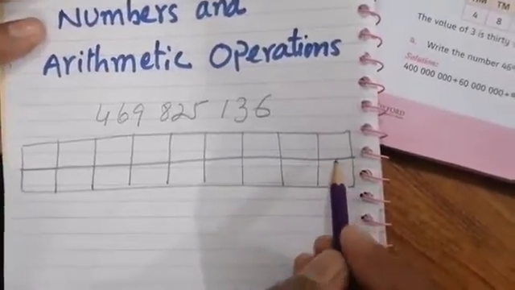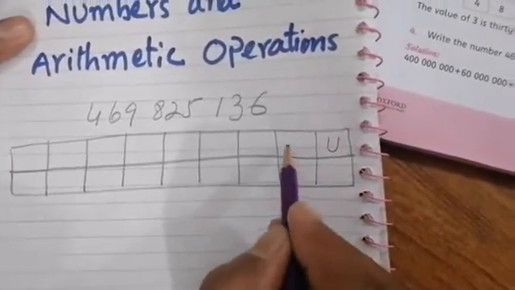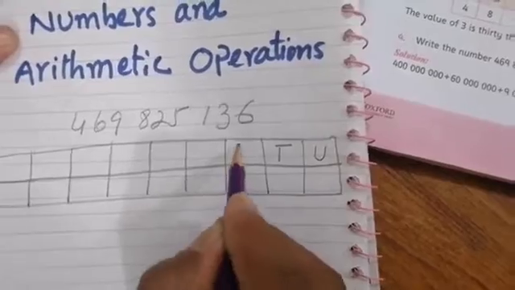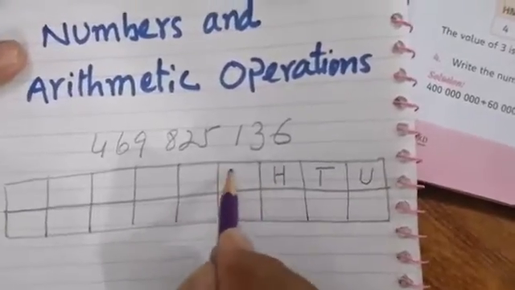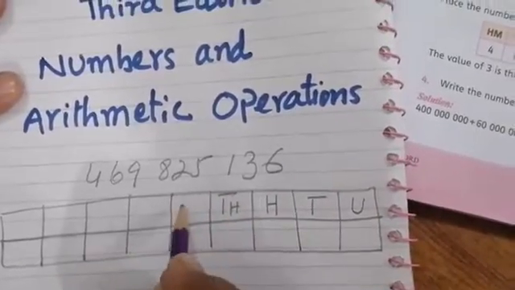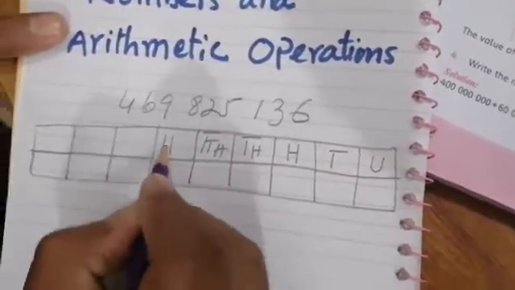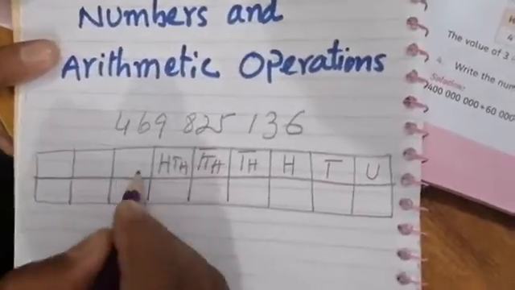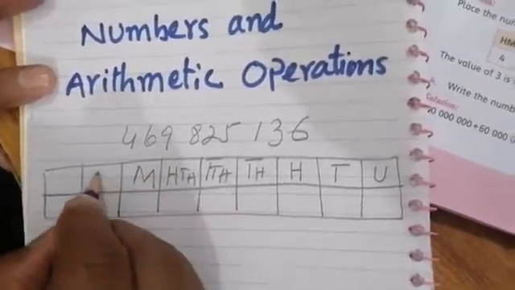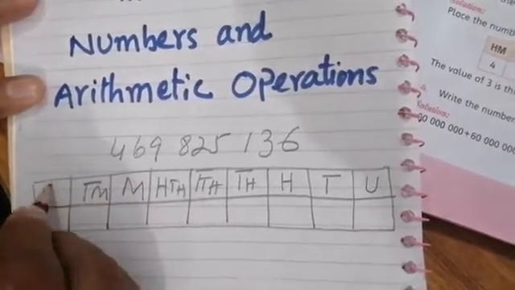So first place is unit, then second one is tens, third one is 100, then 1000, then 10,000, then 100,000, then million, then 10 million, and last one is 100 million.